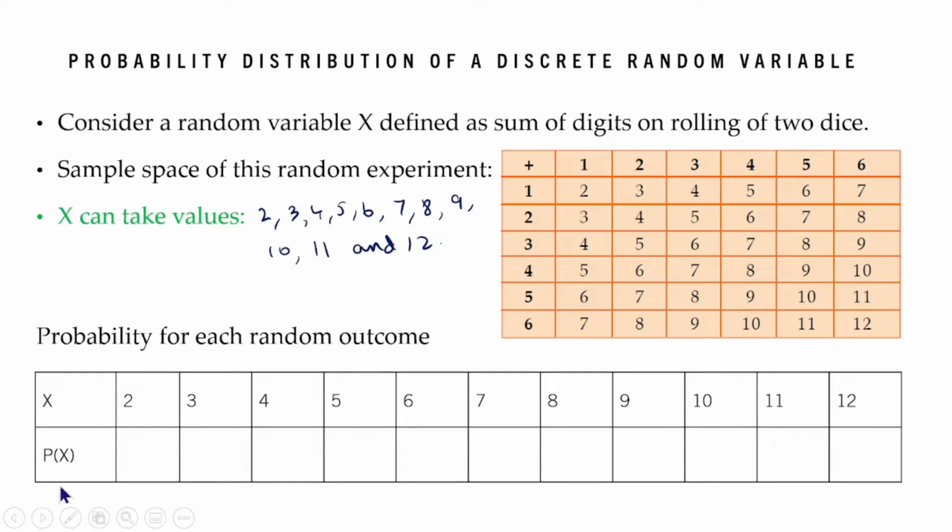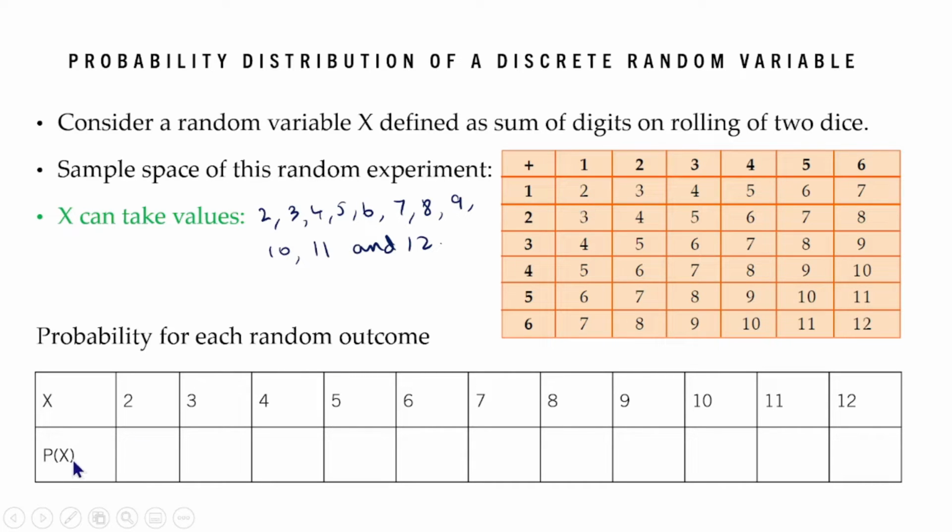Now we can find the probability for each outcome. If x takes the value 2, then the probability of x equal to 2 is only 1. Only when the outcome is (1,1), x can take the value 2.